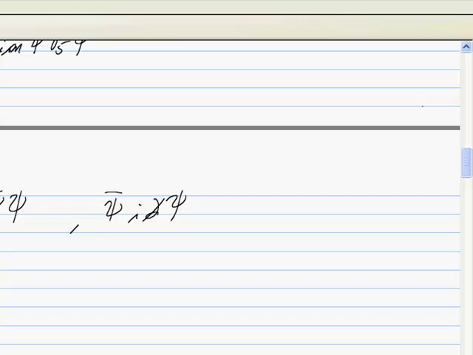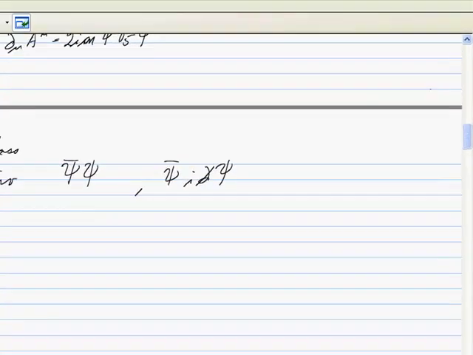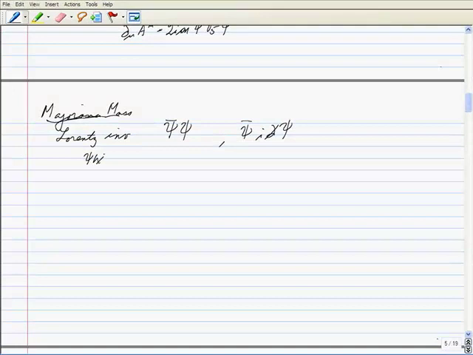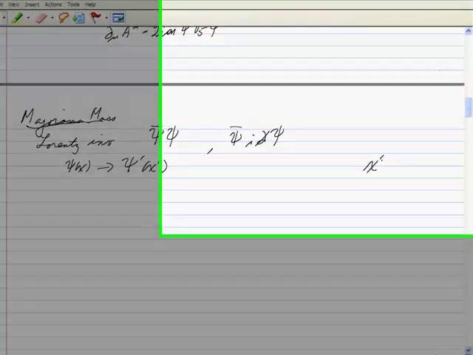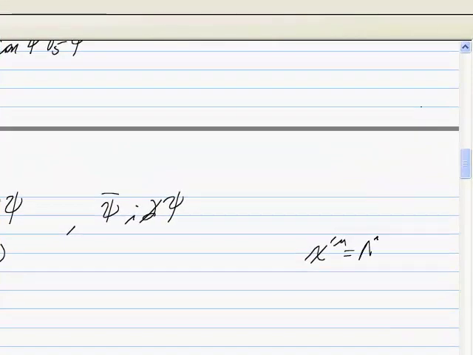If you want psi to be invariant under Lorentz transformation, you take psi of x into some psi prime of x prime, where x prime mu is some lambda mu nu x nu. So it's the Lorentz transformation on that. This is not a scalar, so you don't want to just make it psi of x. In general, it's some S of lambda.